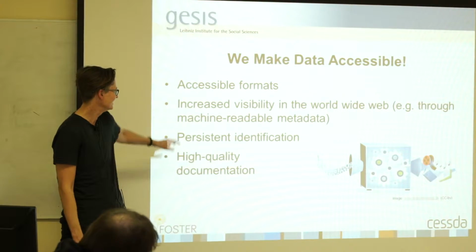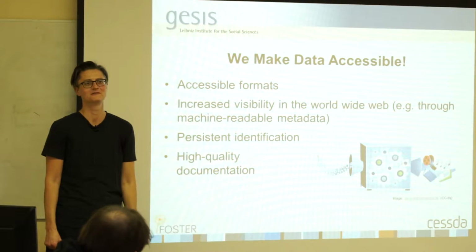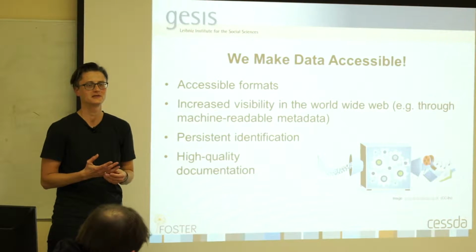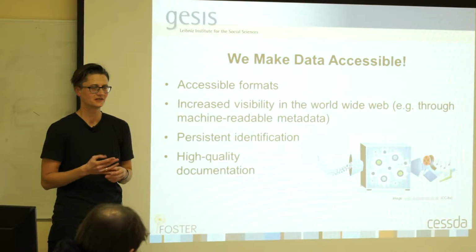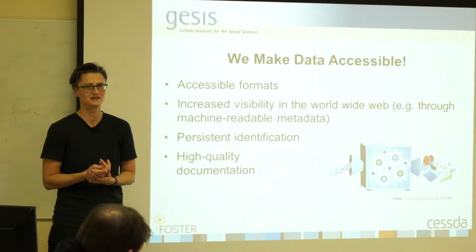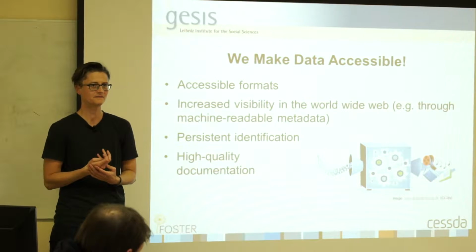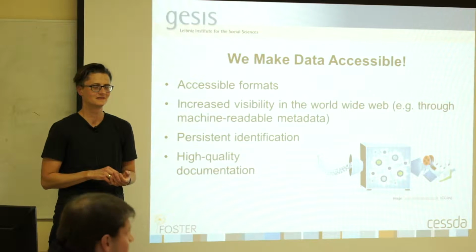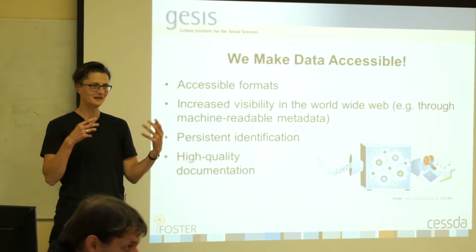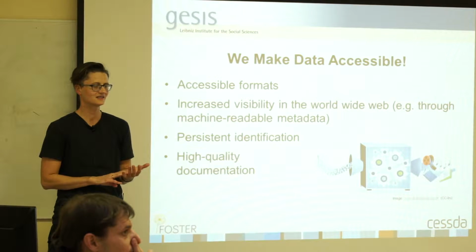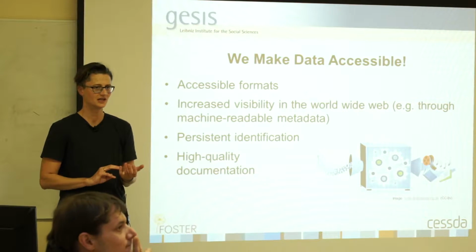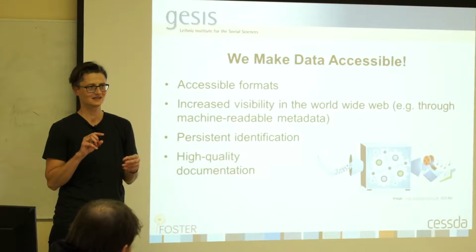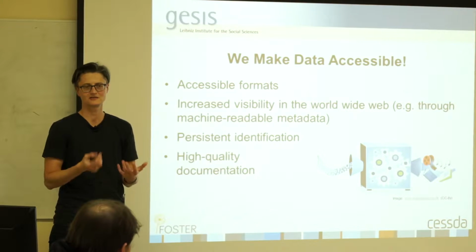Then accessibility comes with persistent identification. That could be a DOI number, for example. Some countries also use another form of persistent identifier. It's called a URN. But basically the idea is you assign a number, an identifier, to a data set, and that identifier is not going to change, and it links the data set with a minimum set of metadata.